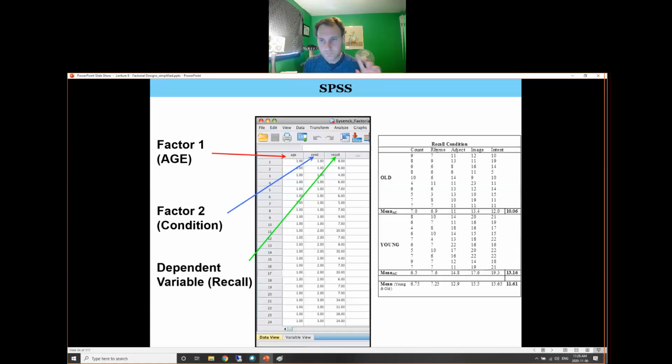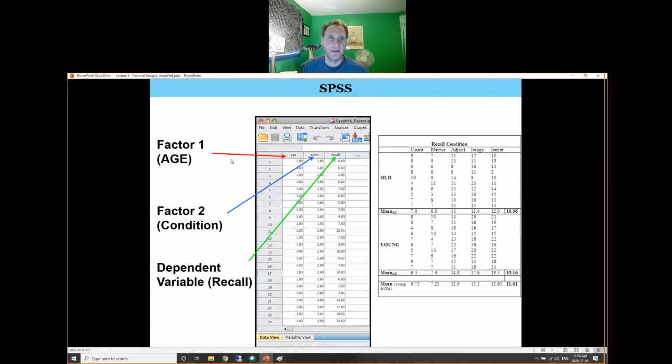Before doing that, let's talk quickly about how we would run these analyses in SPSS, similar to how we set up our analysis before, where you have to have your independent variables as variables in SPSS, and then your dependent variable next to it. Except now we have 2 independent variables.